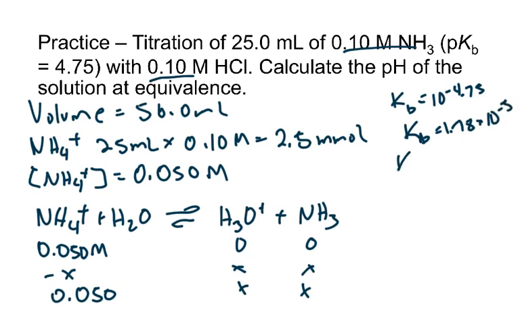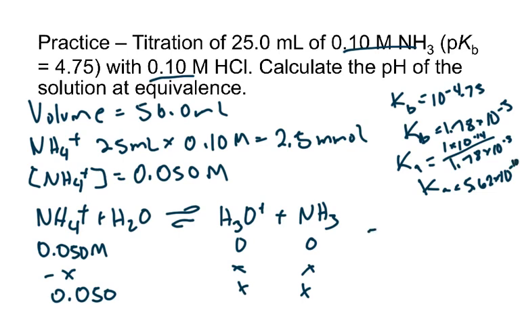But I need my Ka for this one. So my Ka is going to be my Kw, 1 times 10 to the minus 14, divided by my Kb, 1.78 times 10 to the minus 5. So my Ka for ammonium is 5.62 times 10 to the minus 10.